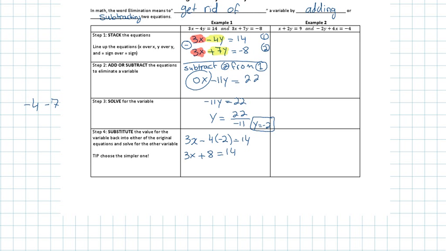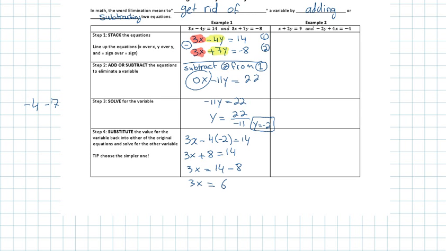Now what's my next step? Bring the 8 over. What does it become when I bring it over? So 3x equals 6. What's my next step?